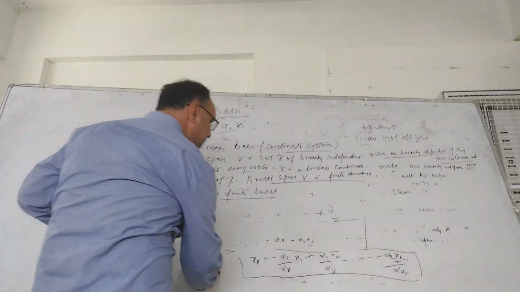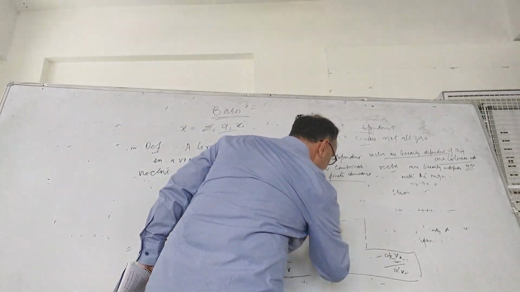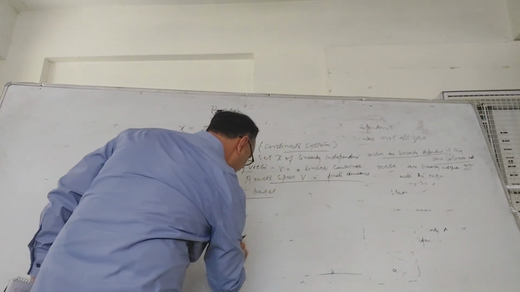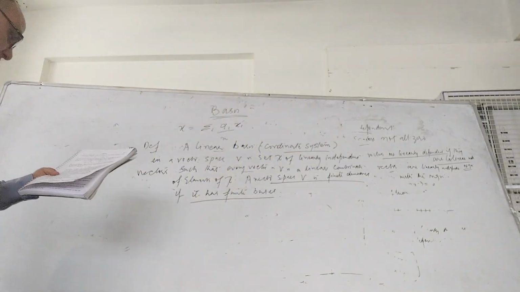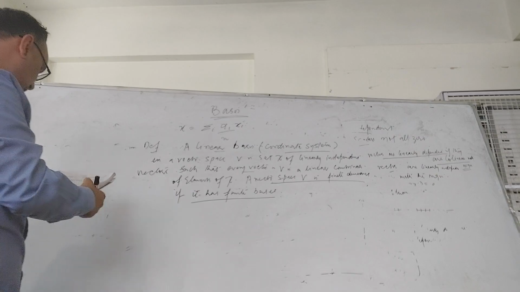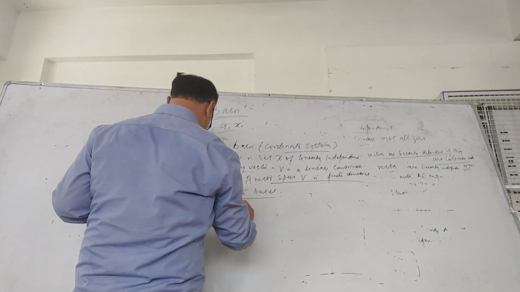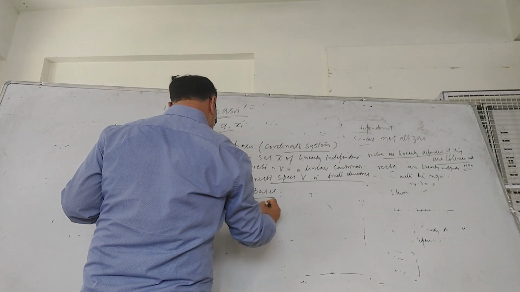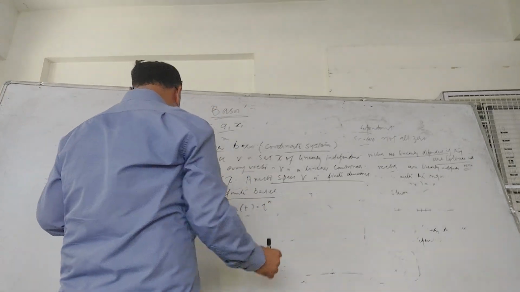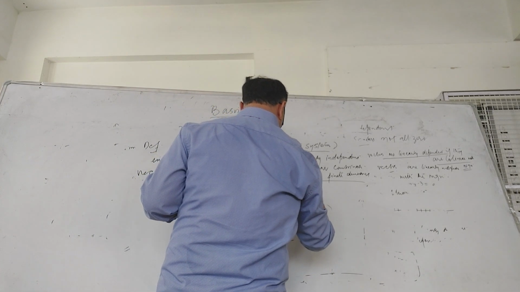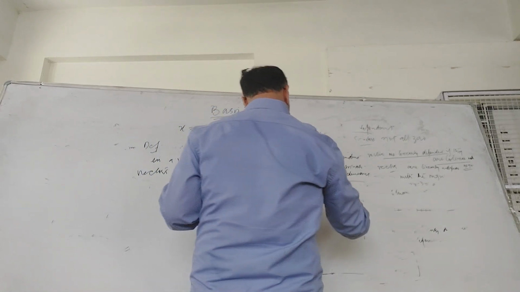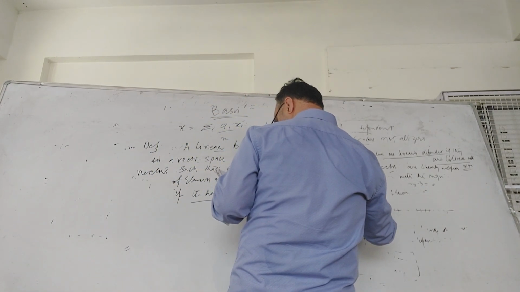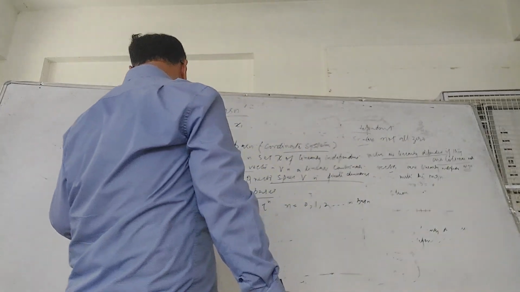So for example, if x^n, where n goes from 0, 1, 2, and so on, is a basis, every polynomial is by definition a combination of these.